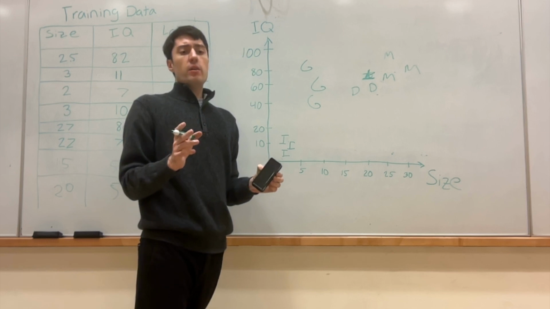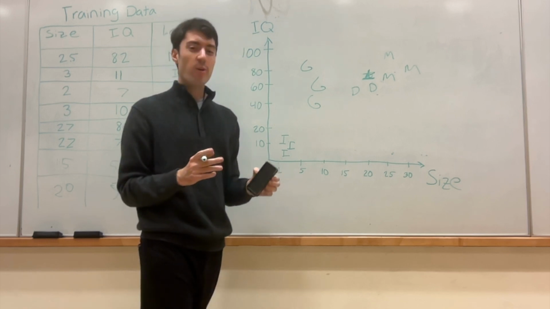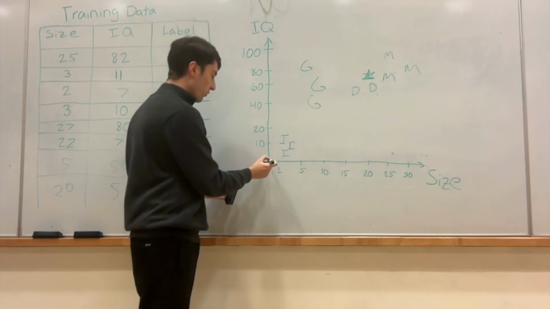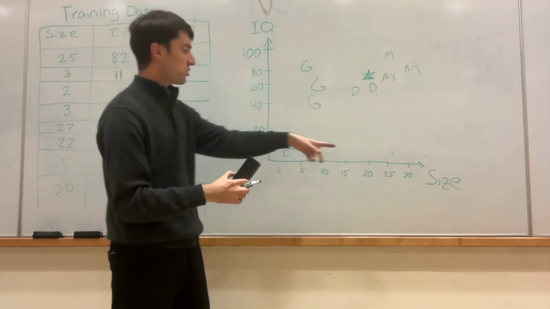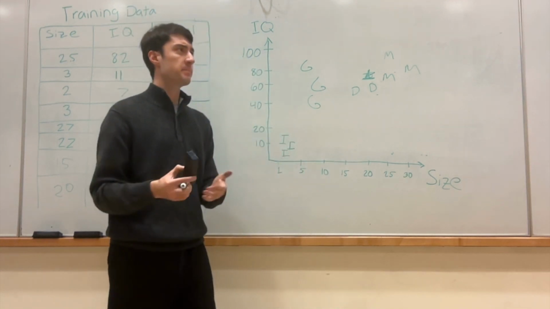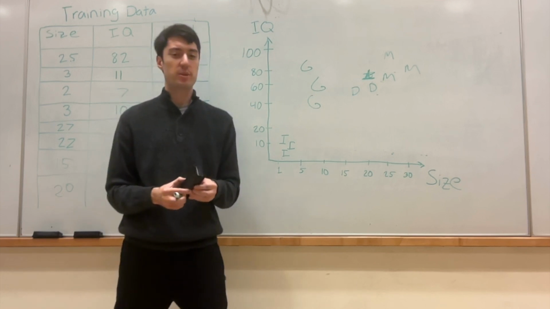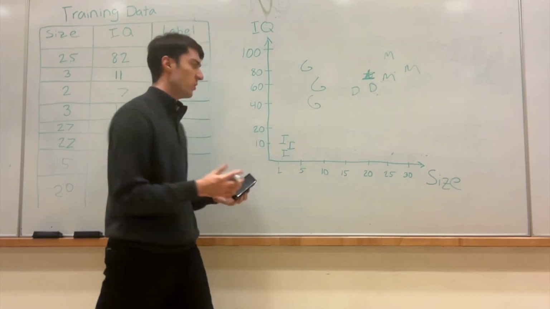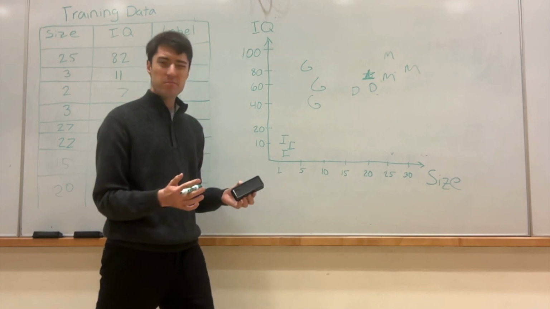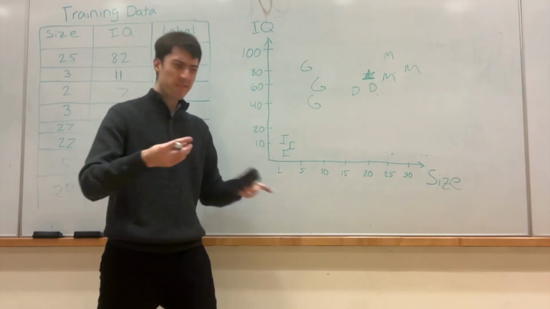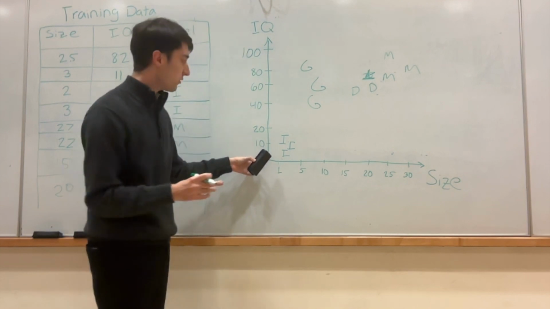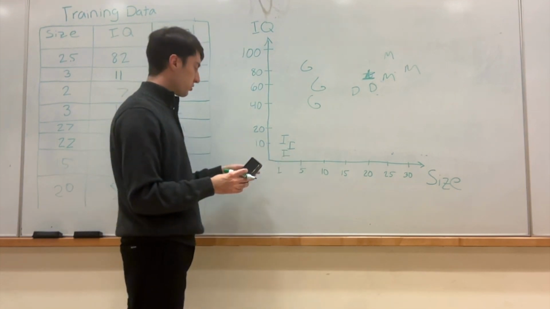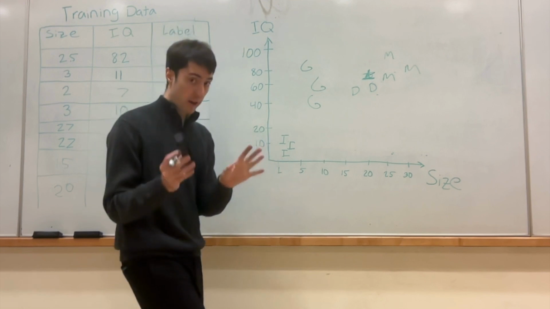But can we make it 4-dimensional? Oh, yes, we can. What if we had an axis coming out here that was IQ, size, and I'm trying to think of another attribute which would make sense for an animal. Max speed, maybe? Like how fast they can run? And it had speed come out here. All right, so now for an insect, we're going to go out and measure the insect.